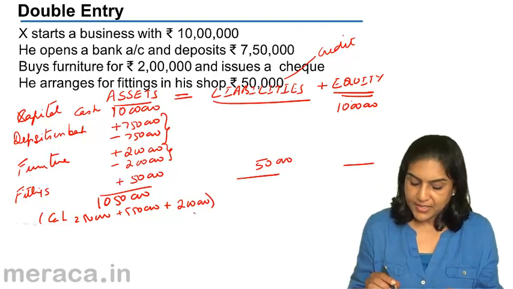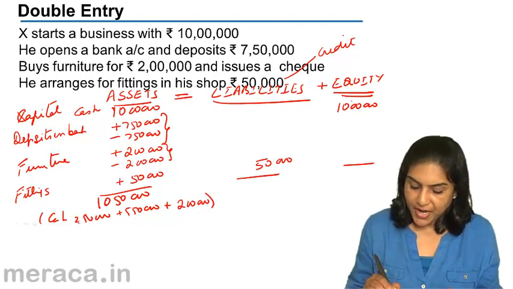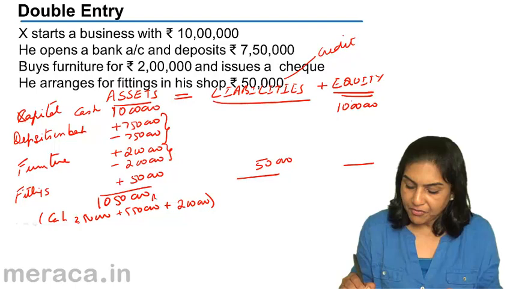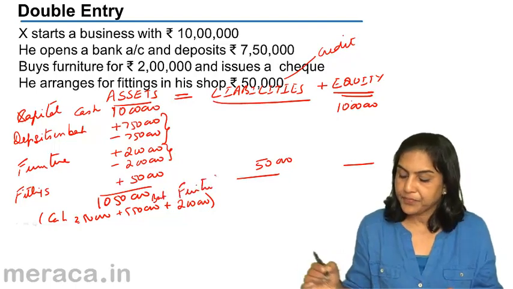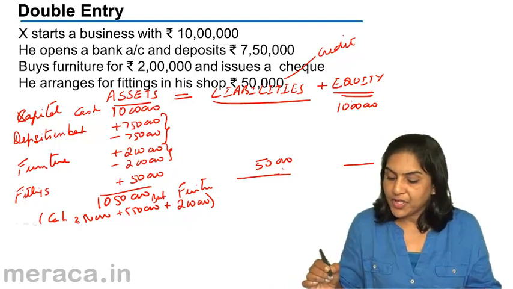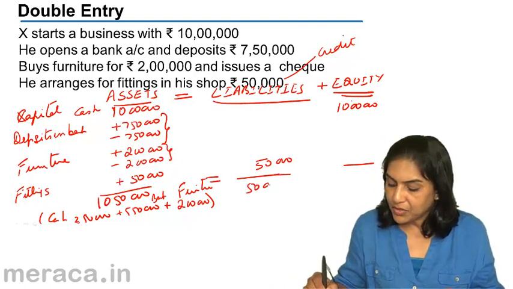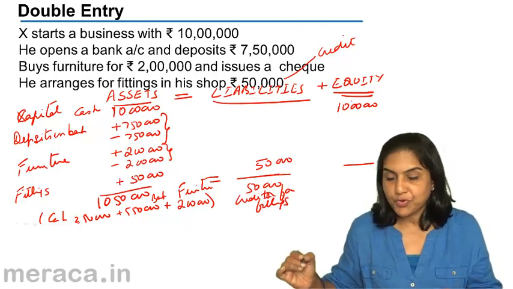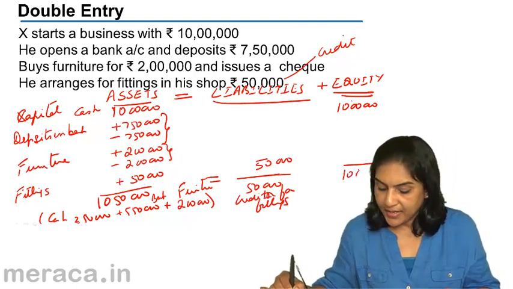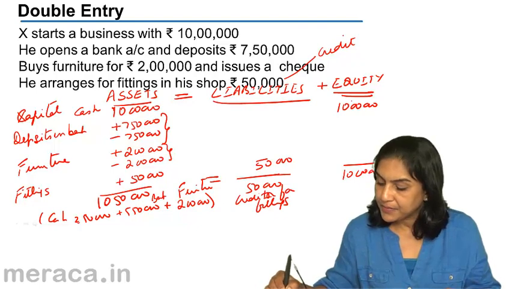This is our asset. Cash 2 lakh 50, bank 5 lakh 50, furniture 2 lakh. Then on the liability side, this should be equal to the liability side: 50,000, which is creditor for fittings, because you have not yet paid this person who has provided fittings, and 10 lakh capital, equity capital.